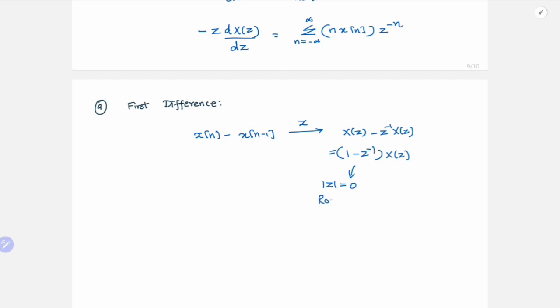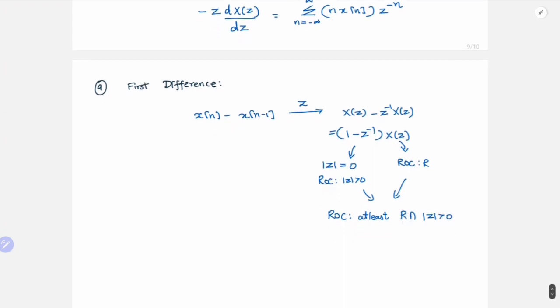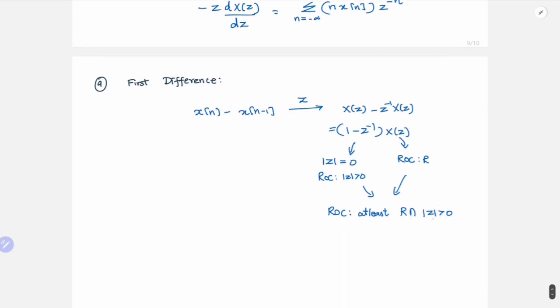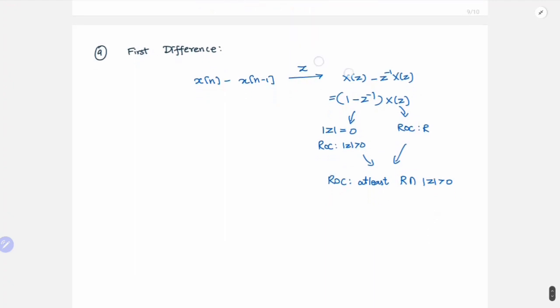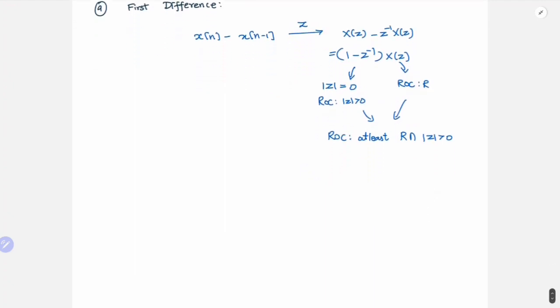So your ROC will be mod z greater than 0, and let's say this ROC is R. Together, when it comes to multiplication, your ROC will be at least R intersection mod z greater than 0. It can also be that z equal to 0 is included because of some pole zero cancellation, but in the general case, we write it as at least R intersection mod z greater than 0. So this is your first difference property.